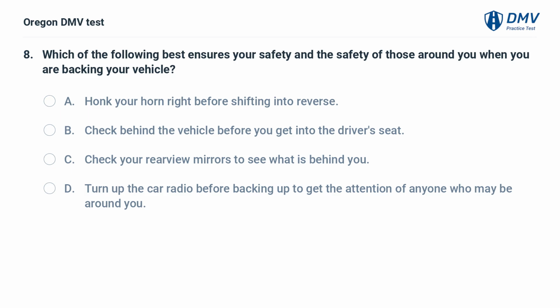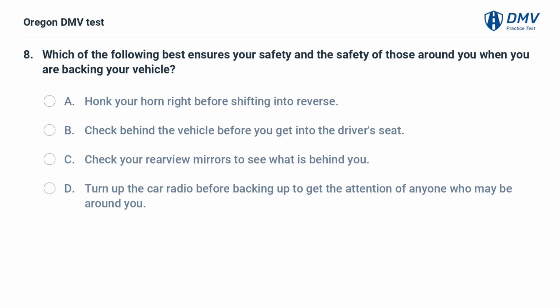Which of the following best ensures your safety and the safety of those around you when you are backing your vehicle? A. Honk your horn right before shifting into reverse. B. Check behind the vehicle before you get into the driver's seat. C. Check your rearview mirrors to see what is behind you.